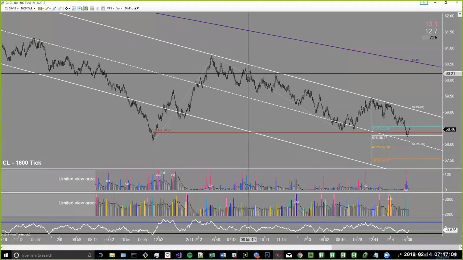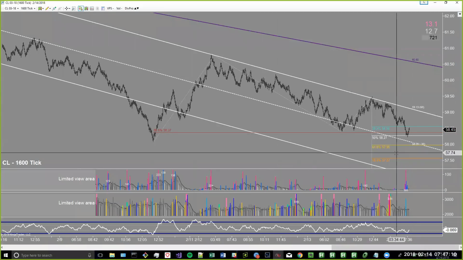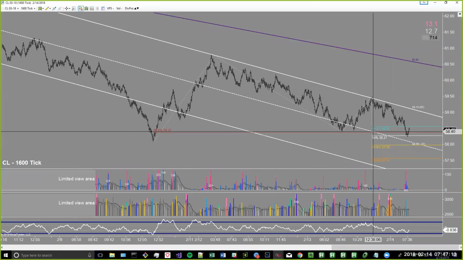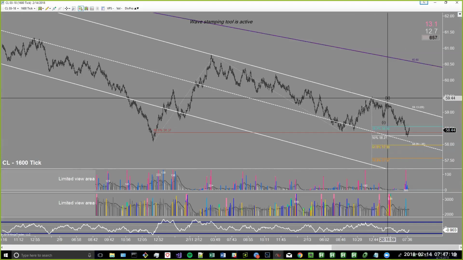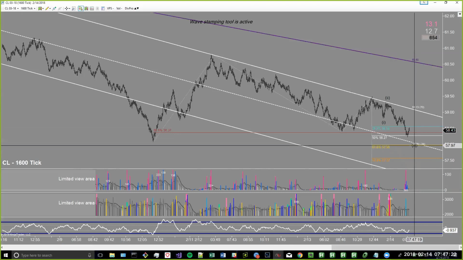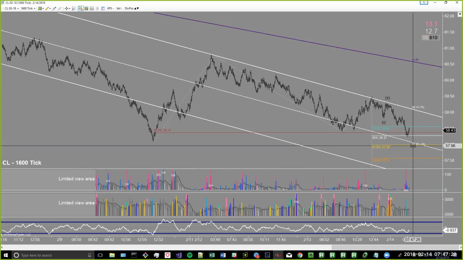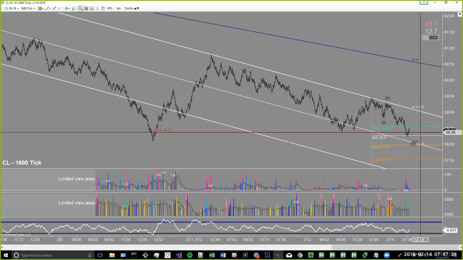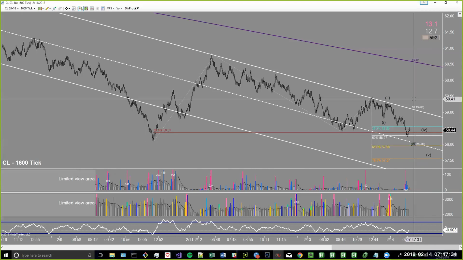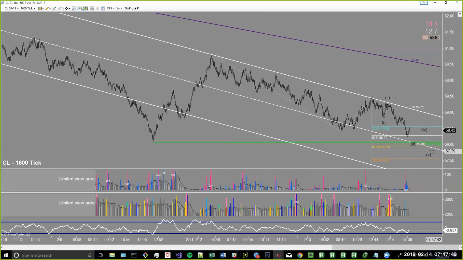And you do have what looks more like 3 waves down now, but I don't know. This looks more like an impulse back down to me. Yeah. Like we're in that third of 5. Oh, but we've got inventories today. Right.